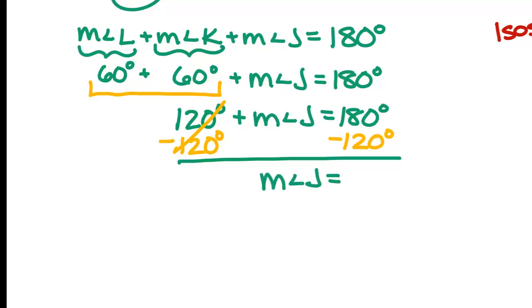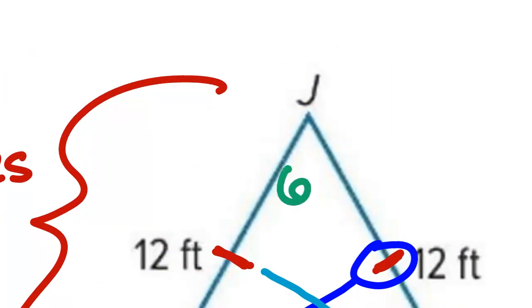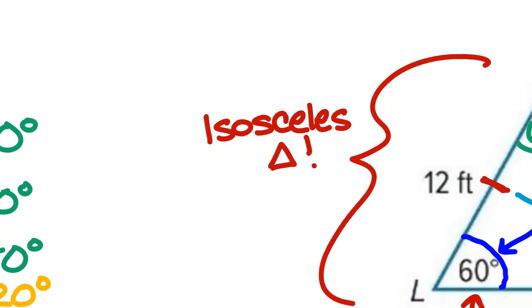Measurement of angle J is 60 degrees. Well, now that I know that this is also 60 degrees, what does that mean about this triangle? This is actually an equilateral triangle.